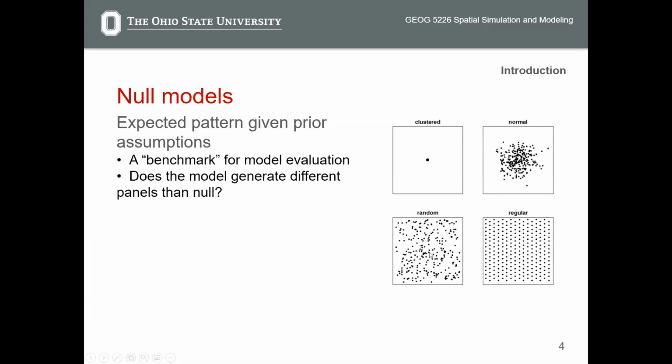The third one is called random. Random, I think, is relatively easy to understand because there is no cluster at all. All dots look separately distributed within the space. There is no obvious clustering, right?